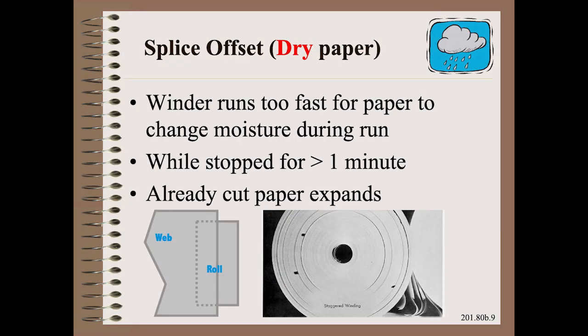So now let's move on to the third of our 4 moisture application examples, the splice offset in the wound roll. That happens when the paper is drier than equilibrium with the winder environment. The first thing to note is the winder runs far too fast for paper to change moisture during run.